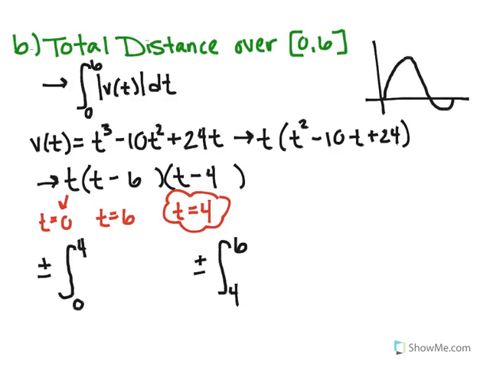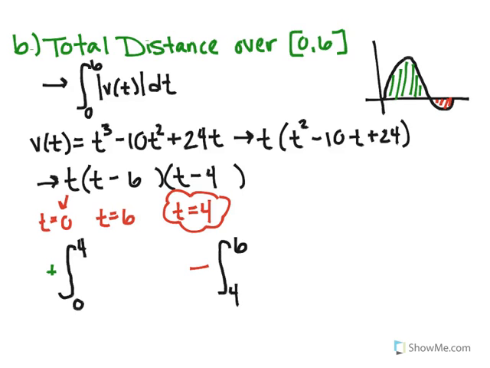The first part is all above the x-axis, which means that the integral from 0 to 4 has to be, you guessed it, positive. What about the second part? The second part happened to be below the x-axis, which means I'm going to have to change that to a minus.